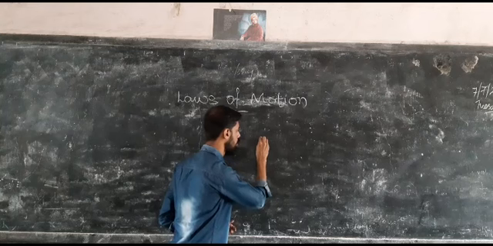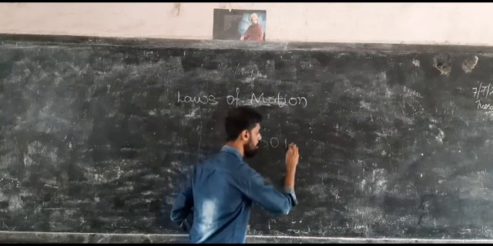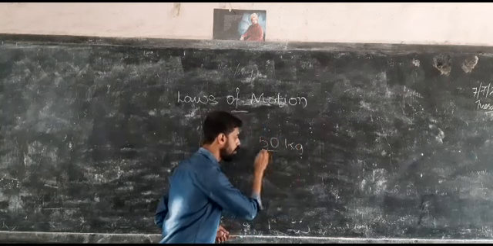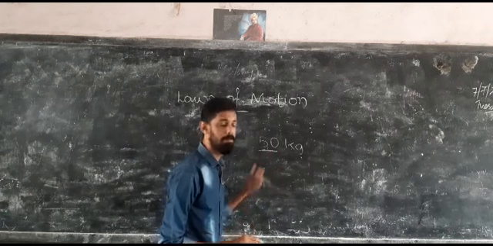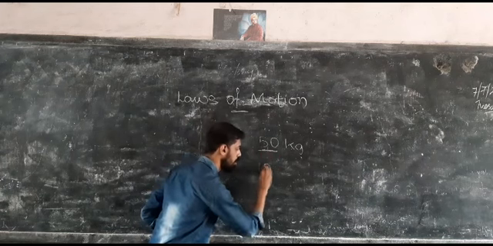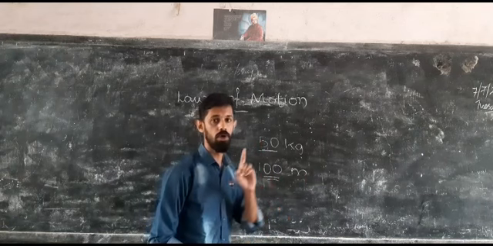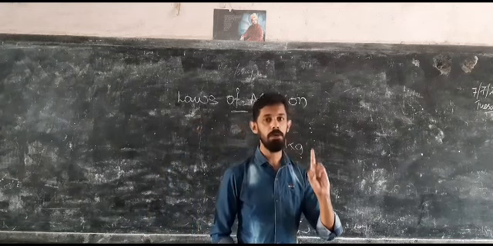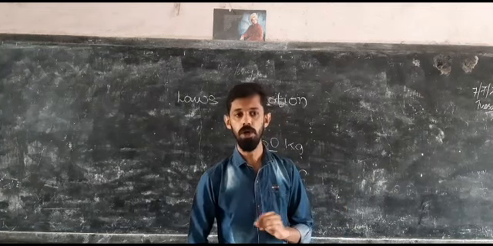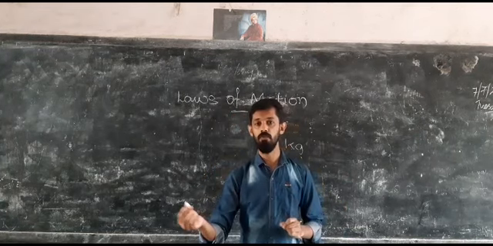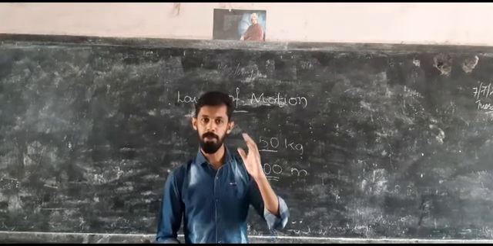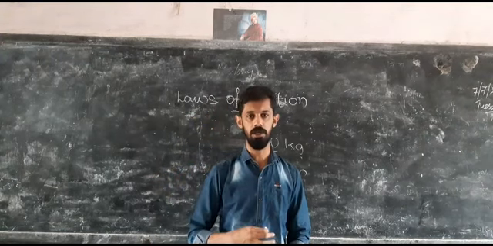Mass is a physical quantity. 50 kilograms. This number is the magnitude. 100 meter. This number is the magnitude. In scalar quantity, only magnitude is there. There is no direction. Now, what is vector quantity then? It has magnitude as well as direction.